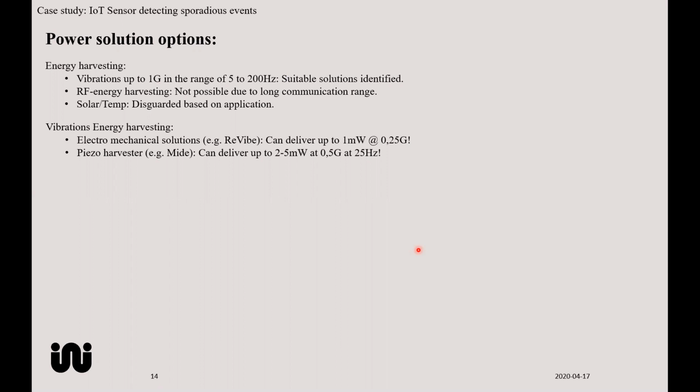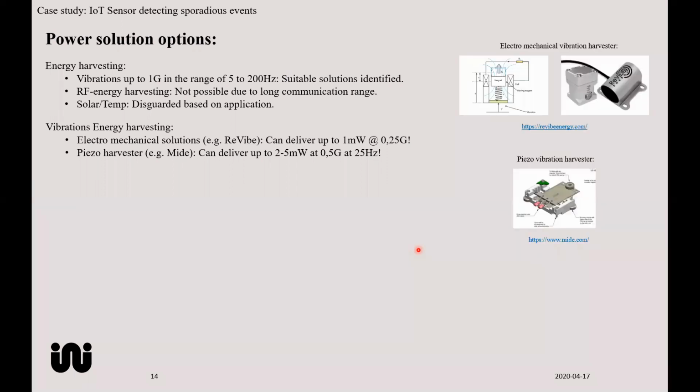But the difference between these 2 is that the electromechanical harvester, what you see in the upper part of the picture, these are typically voice coils. You have a permanent magnet that goes up and down inside a coil. And it's loaded by a spring, so that it becomes resonant, but it's slightly wider in the frequency range of resonance compared to the piezo harvester, which are like fingers that you can tune to a certain resonance frequency by the finger length and a weight that you can attach on the tip of the finger.